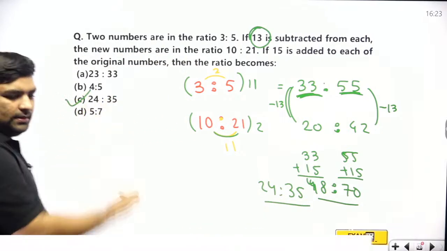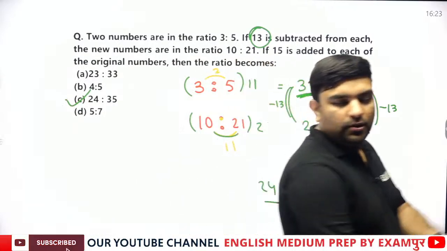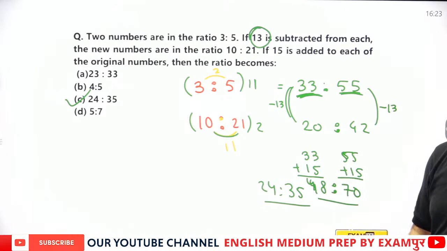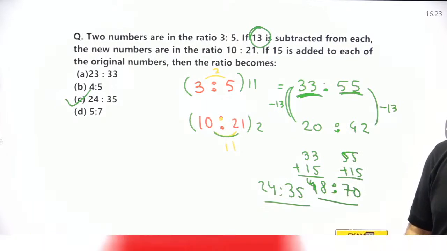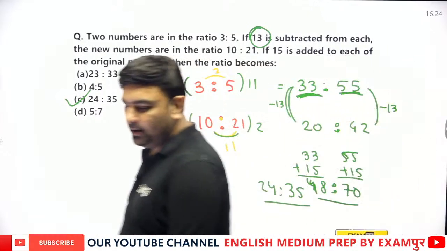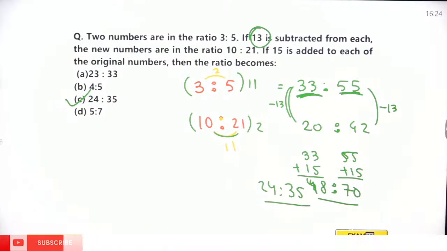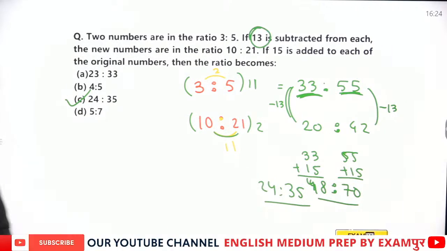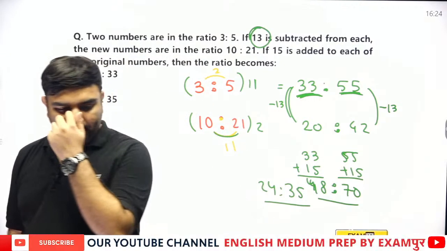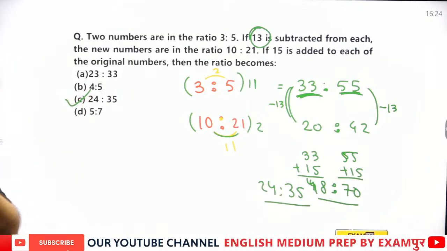Cool and clear, guys? Now, when different numbers are added to each, then we need to assume the variable k.